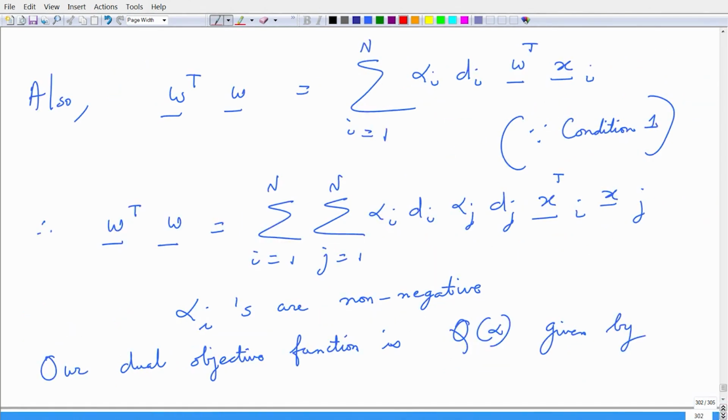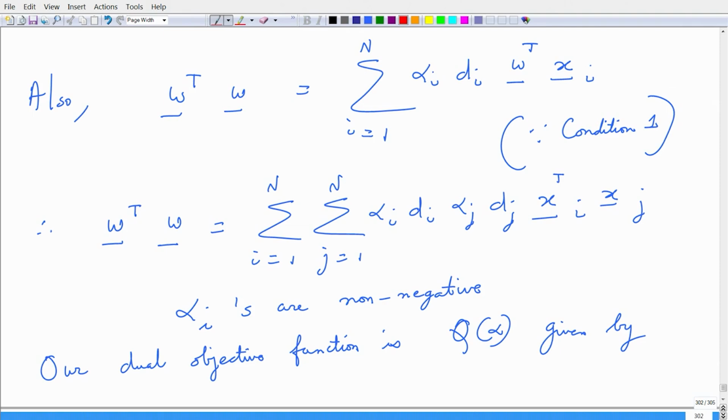Now, I compute W transpose W. Basically I replace W by summation I equals 1 to n alpha I di times xi. Alpha I and di are scalars, xi is this vector.